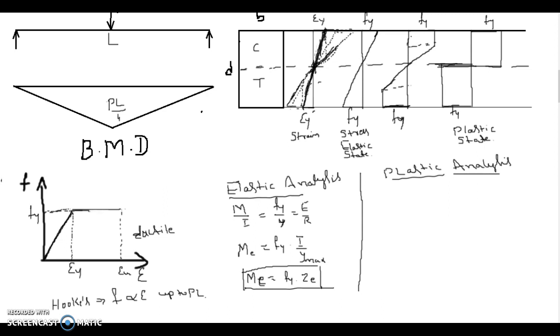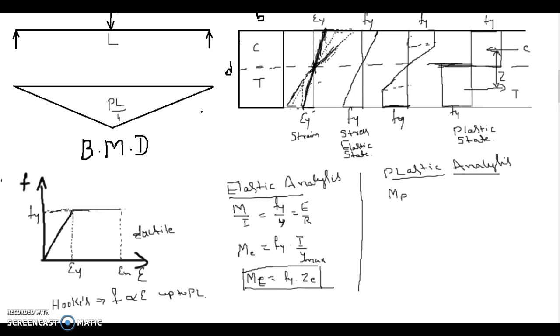So now I need to calculate my capacity. I know the area here, and this area is stressed to this level. So here this is going to be a compressive force, and this is going to be a tensile force, and these two are separated by some distance Z. So C into Z gives me the moment capacity.